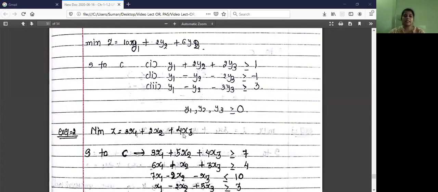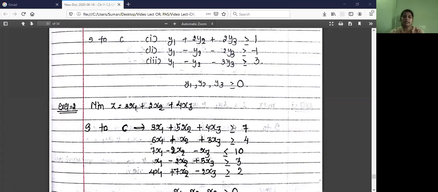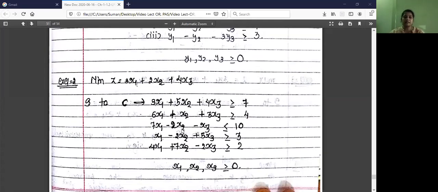First, we check: if our question is in minimization form, then all the inequality signs are of greater than equal to type. But if our question is in maximization form, then all the inequalities are of less than equal to type. See here, our third equation is less than equal to type, but our question is minimization, so we convert less than equal to into greater than equal to by taking minus sign on both sides.